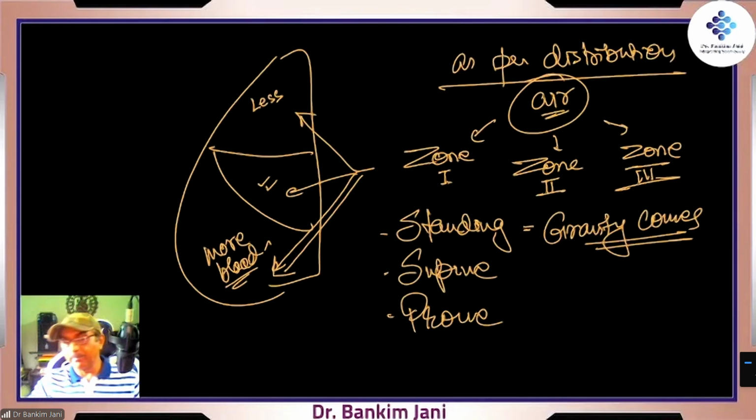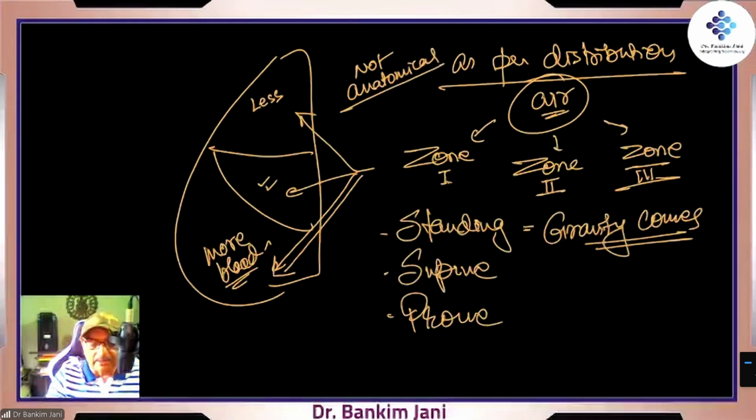No. When the person is supine, now the gravity is acting on the entire lung. Right? So the lower zone and upper zone are now evenly spread. That's the reason these zones are not anatomical, but they are called functional zones.